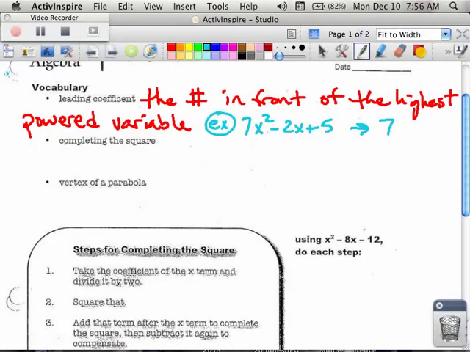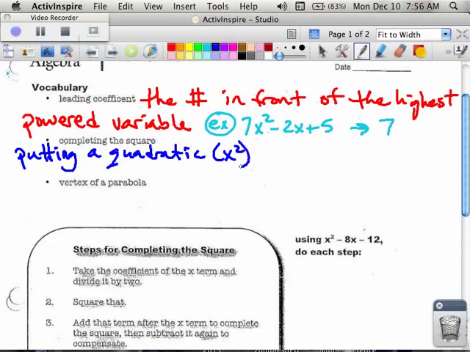And completing the square for us basically means putting a quadratic, which means an x squared kind of expression, into what we call vertex form.